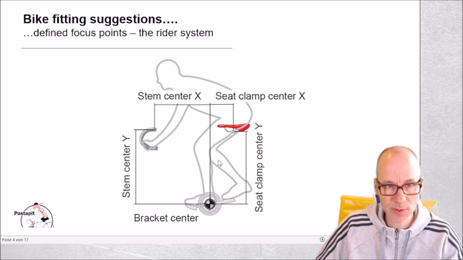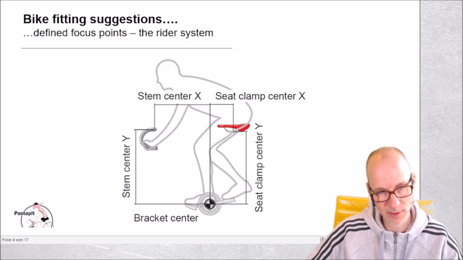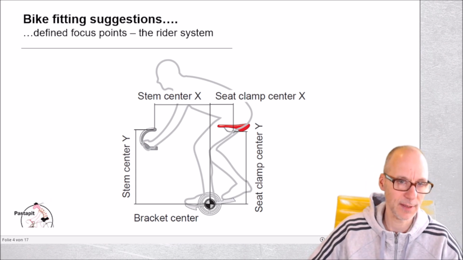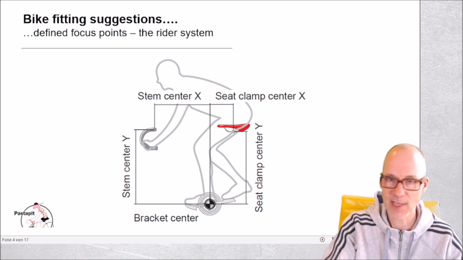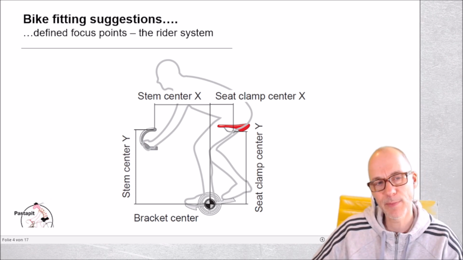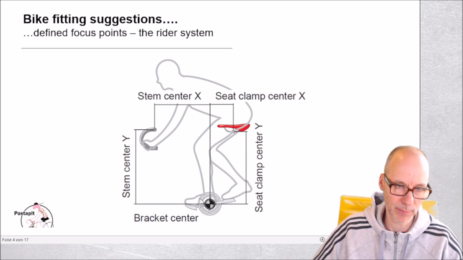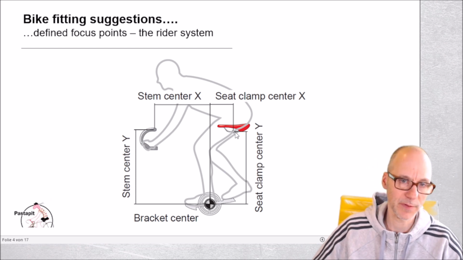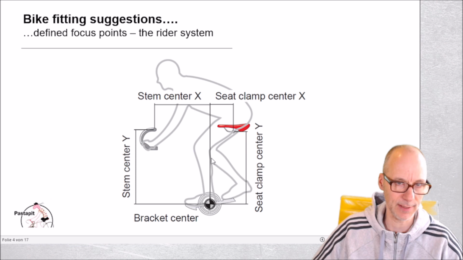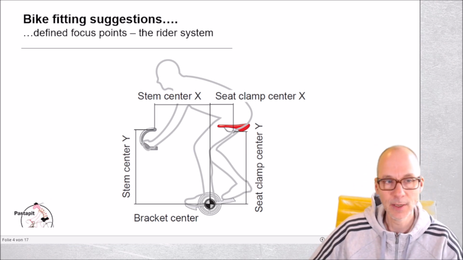So if I move around the athlete with this chosen saddle, handlebar and crank length somehow in the space, it's easy to describe if I focus on these 3 points. Basically bracket center is the center, and then in relation we have the center of the handlebar, and the center of the clamp point where I clamp the saddle. That's just a point in relation to bracket center, and that's it.